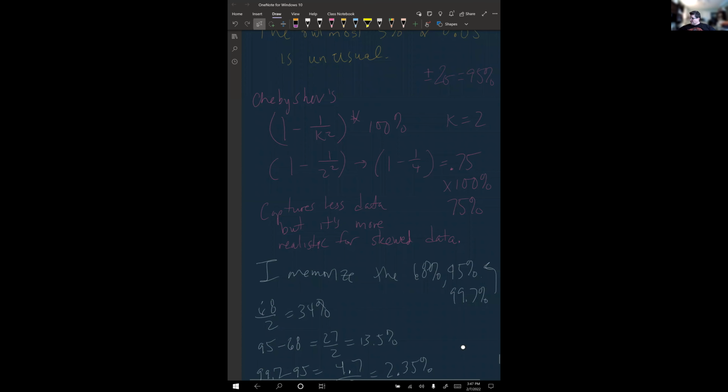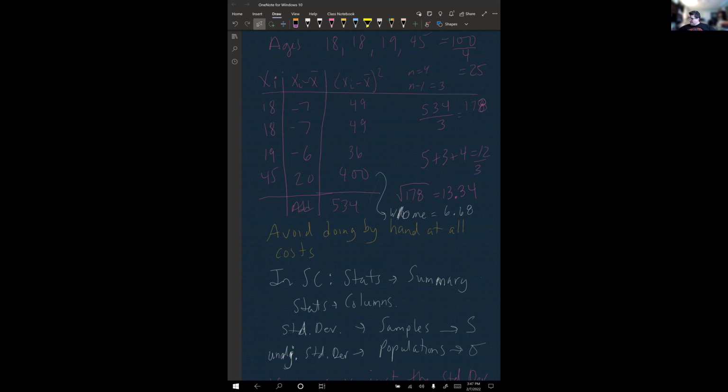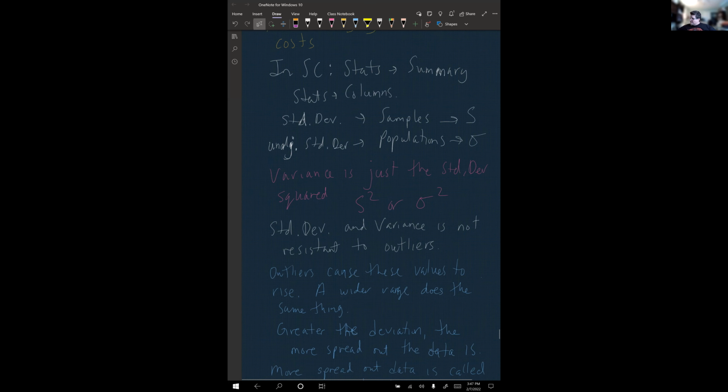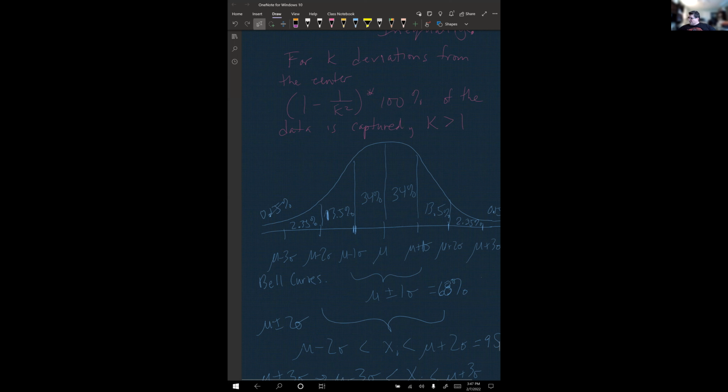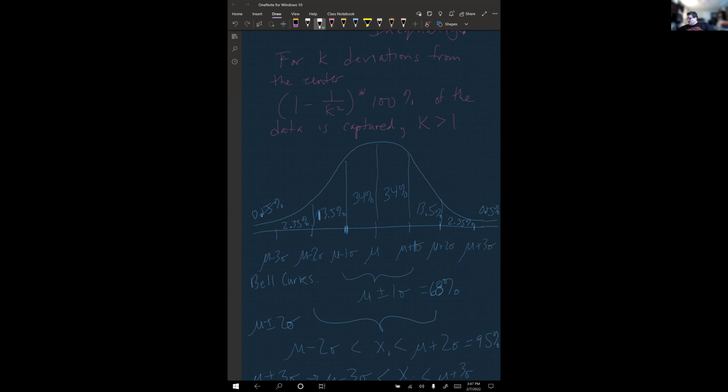What happened to my chart? There it goes. What the? All right, now you're starting to annoy me. So they might ask you, and they'll do it by numbers. They won't say within the deviations.